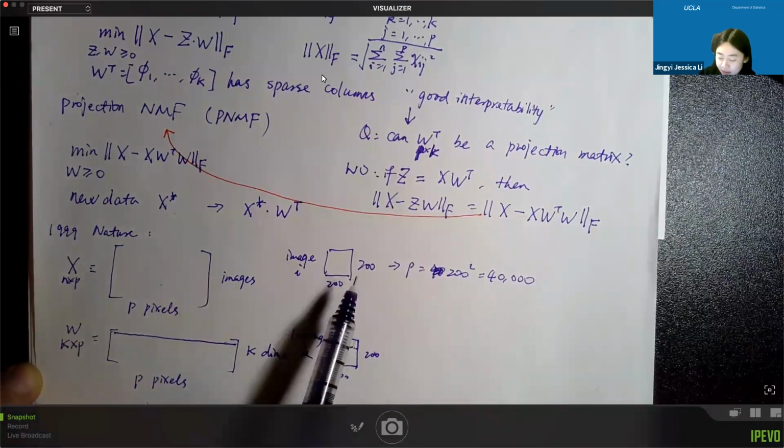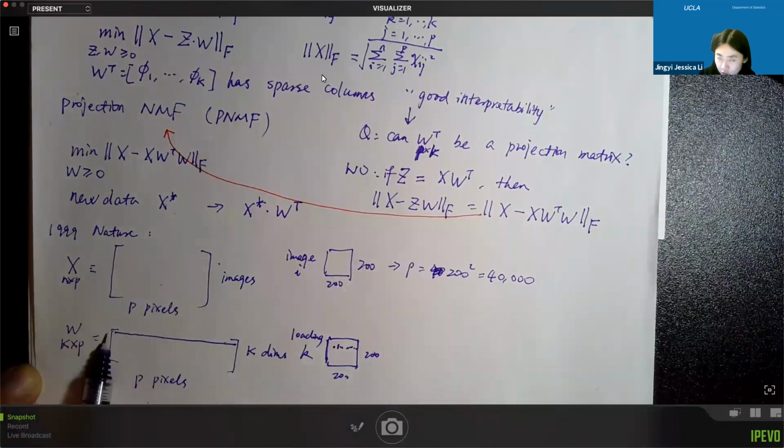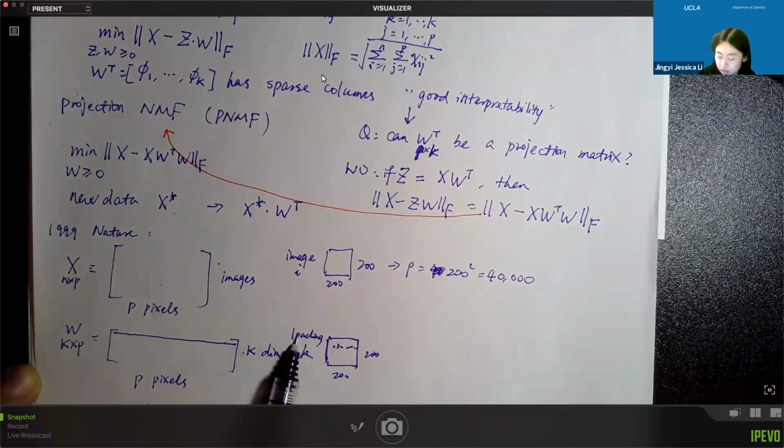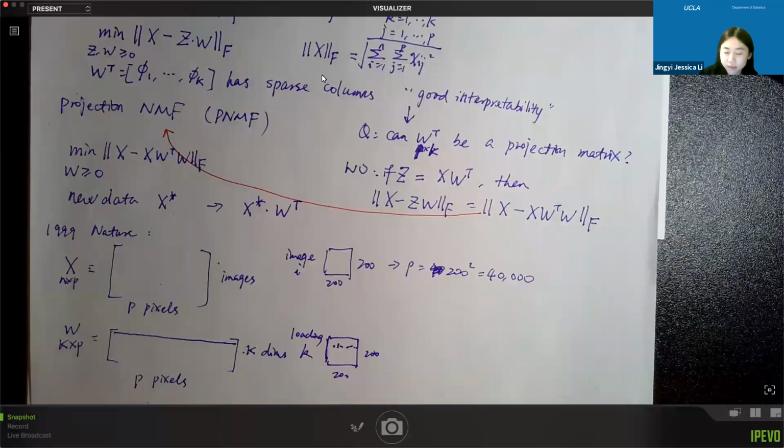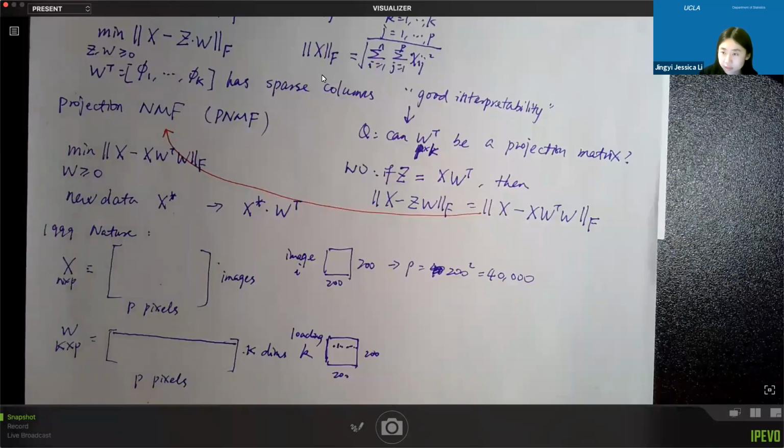We put it as a vector. Once we obtain the loading vector to interpret it, we just stack it back into an image format, so we can see which pixels are giving high loadings in that vector. Then we can interpret the new loading or new dimension. Does that make sense to you?